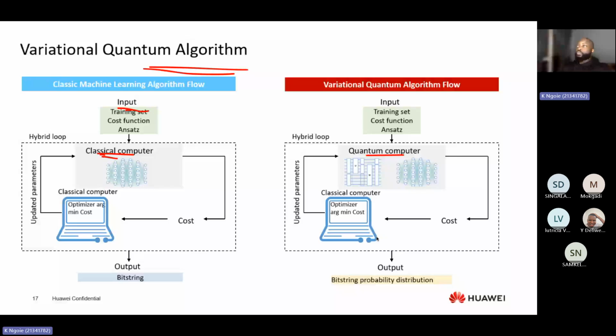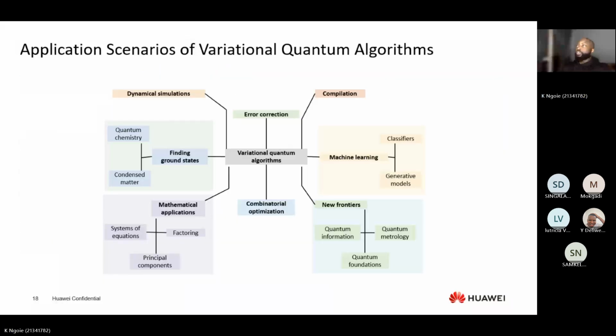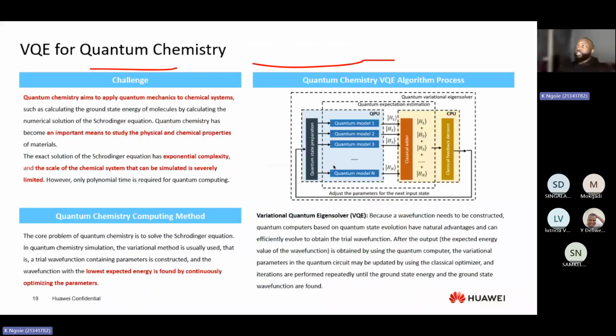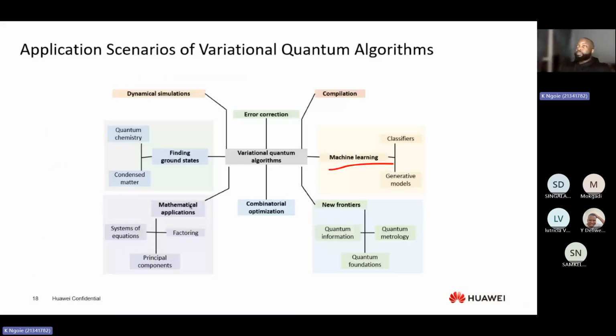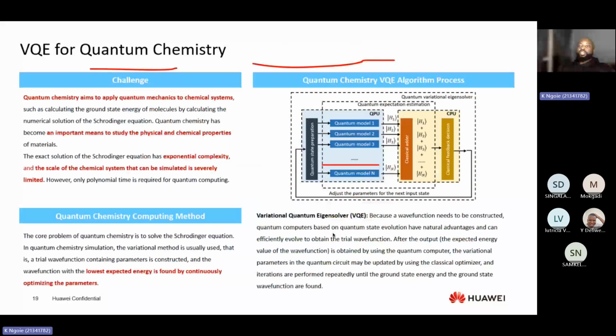So there are different application scenarios of variational quantum algorithms, like in machine learning, different mathematical applications, and different types of calculations.